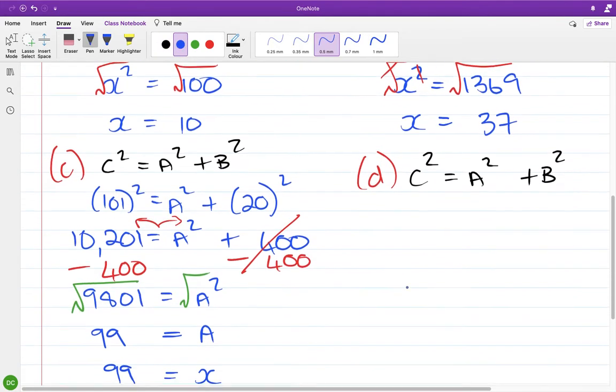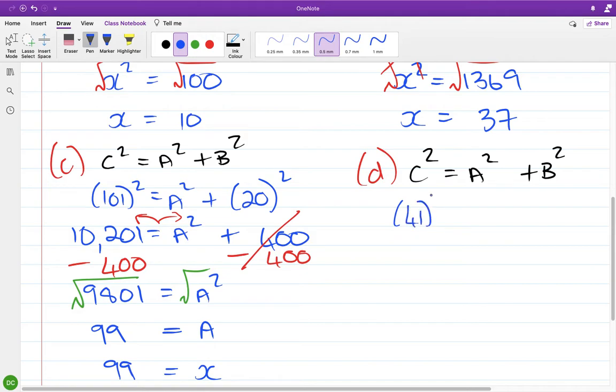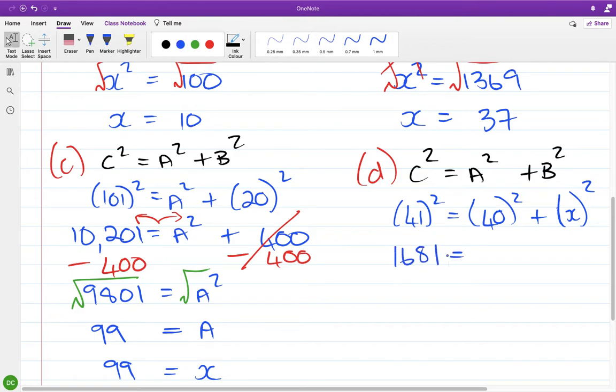Okay, 41 and 40. So 41 squared for C, 40 squared for A, and then we don't know B, it's labelled as X. So 41 squared is 1681. 40 squared, should know that one, is 1600 plus x squared.